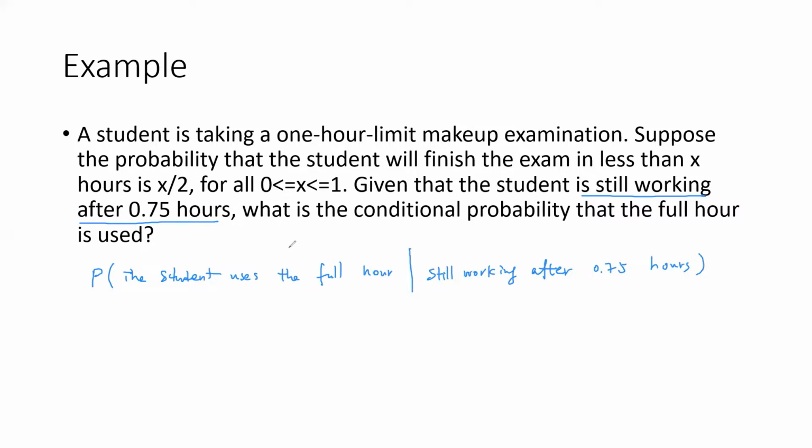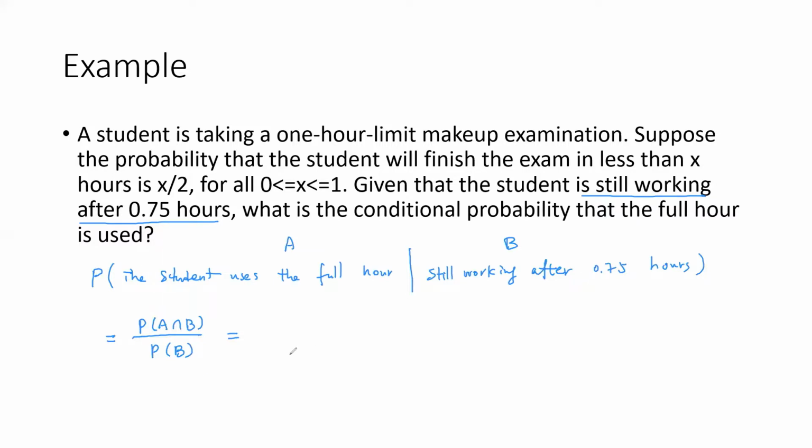It's a little bit cumbersome to write these words, so let's just make this A, this B. So it's the probability of A intersect with B divided by the probability of B. The probability of B, still working after 0.75.